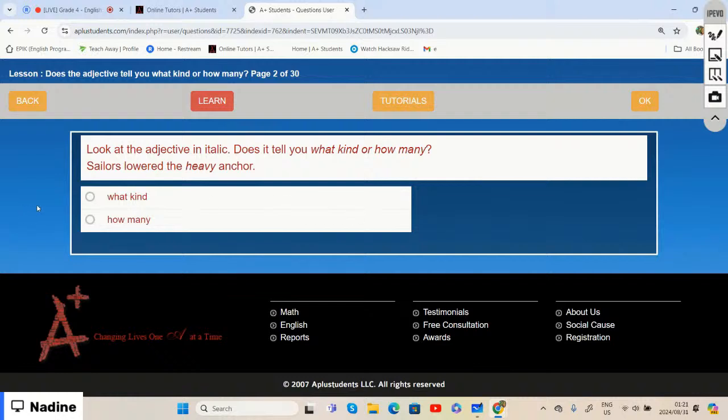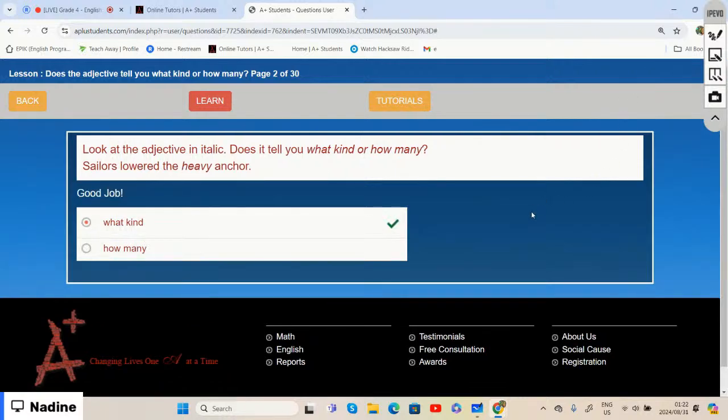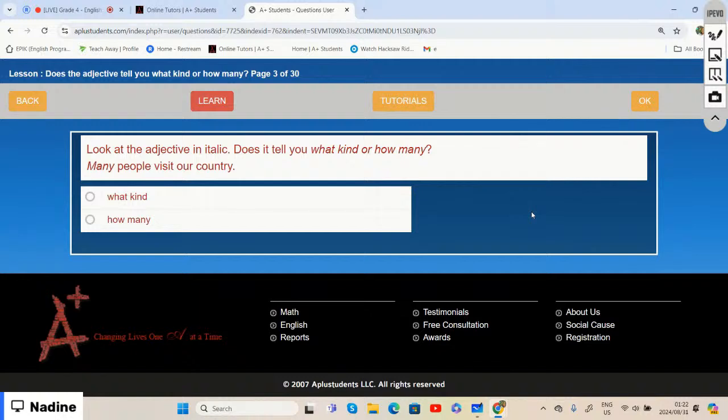If we look at the word heavy, sailors lowered the heavy anchor, like what kind of anchor? So what kind is the correct answer.